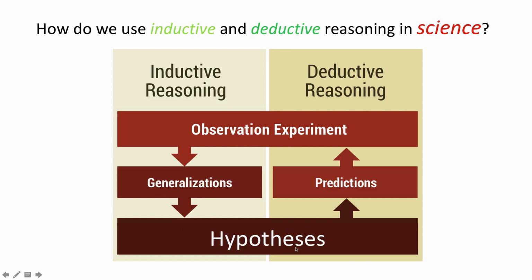The hypothesis can then be tested by making predictions based on the generalizations by the specific experiments that can lead to conclusions. This creates this cyclical process of how it all works together.